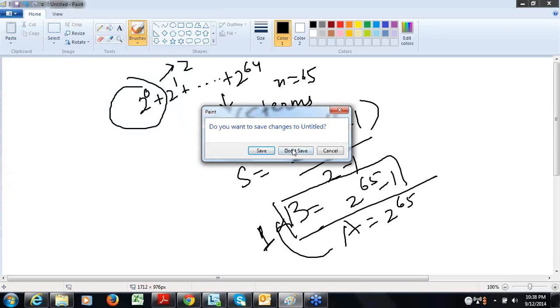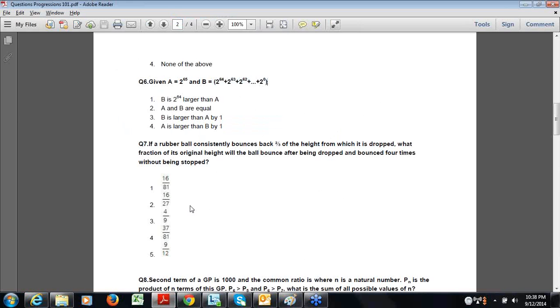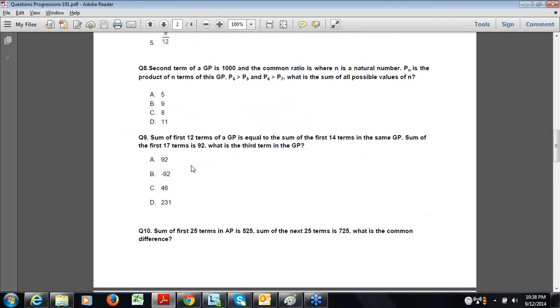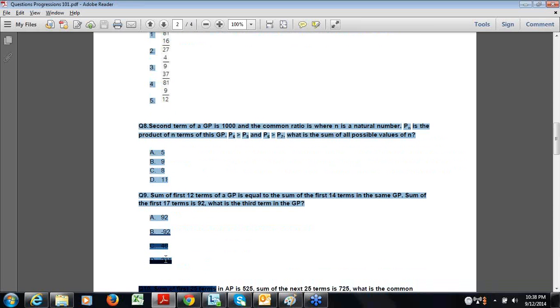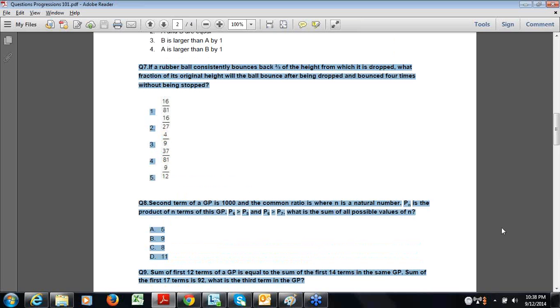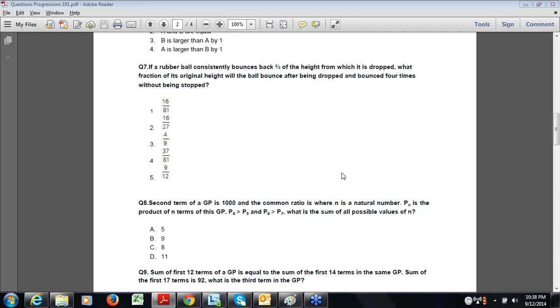Then let's move on to the next questions. Question number 7, 8 and 9. Again, I'll give you 5 minutes to solve these questions. The sixth question answer is 4: A is larger than B by 1.